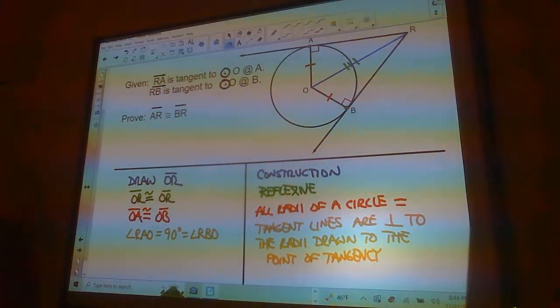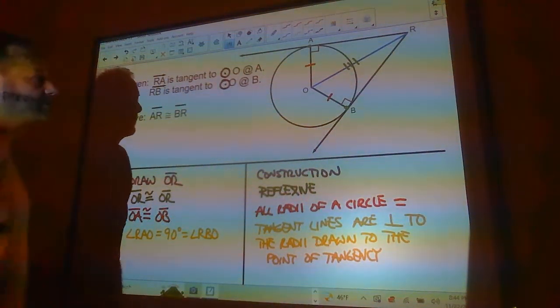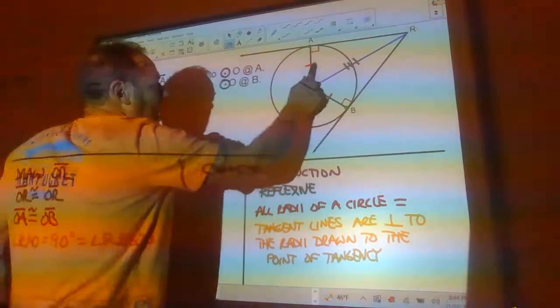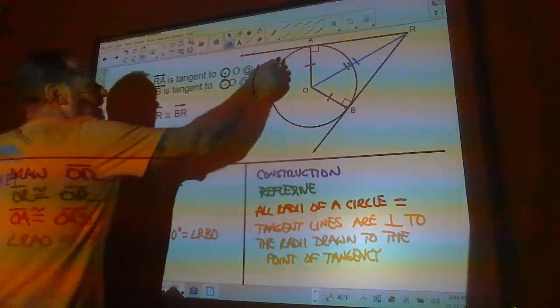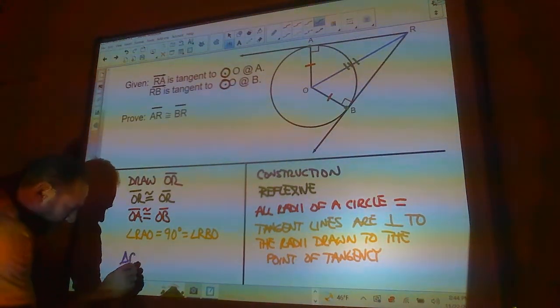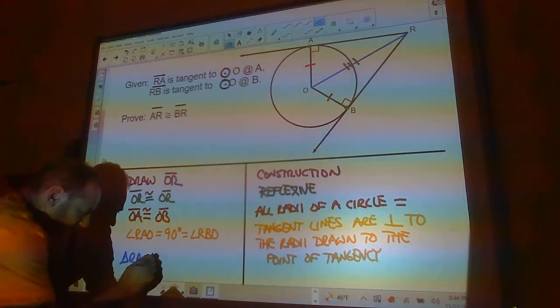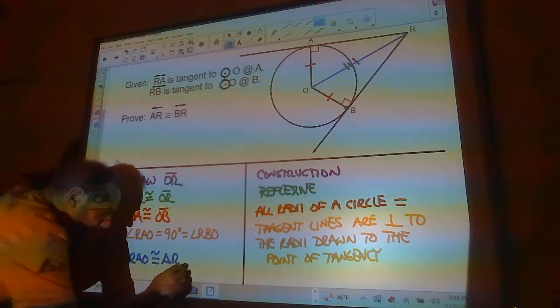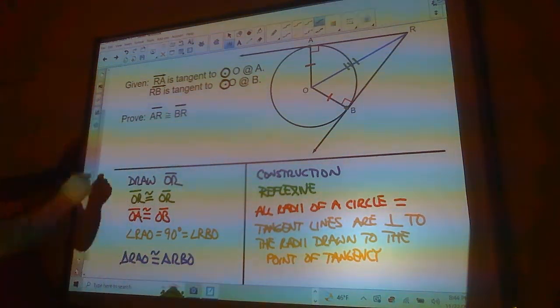And now I've got two congruent triangles because of hypotenuse leg. So triangle RAO is congruent to triangle RBO.